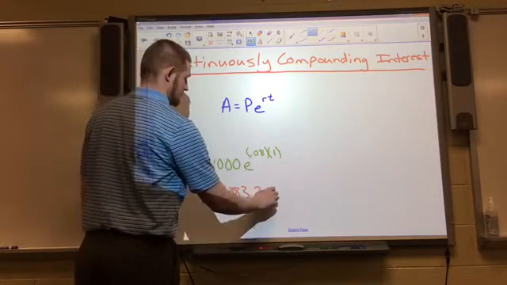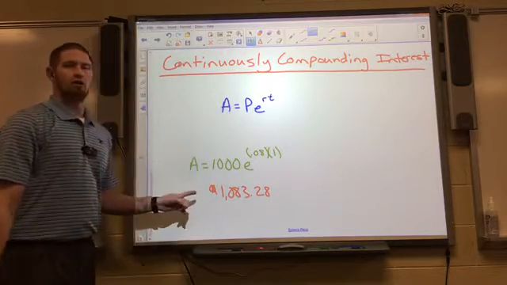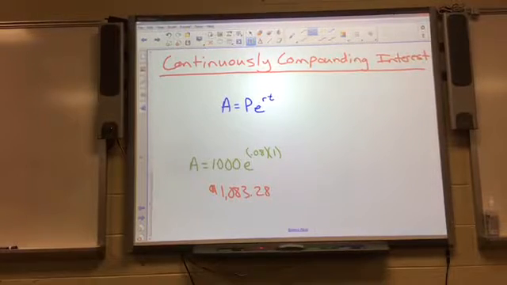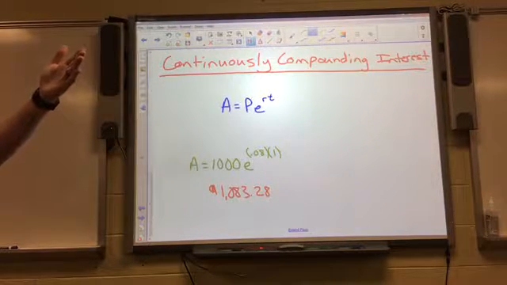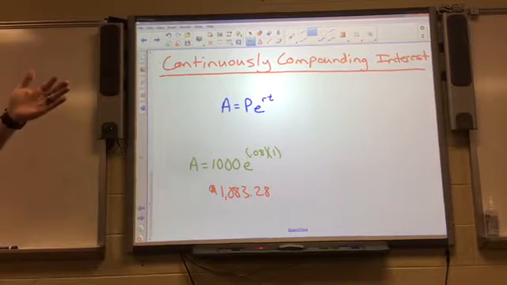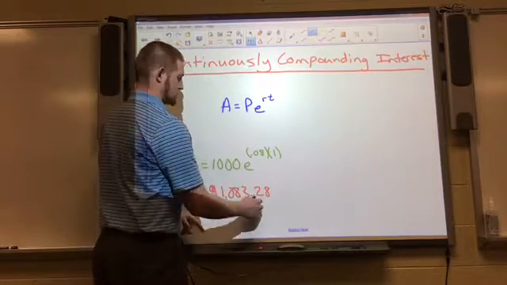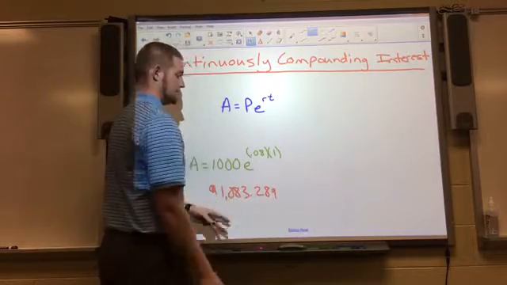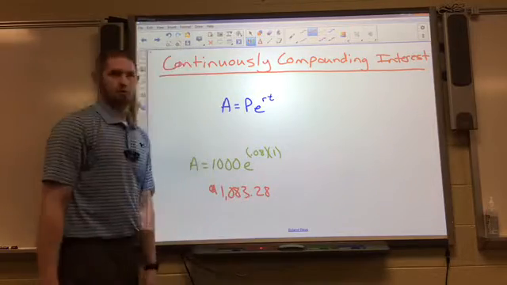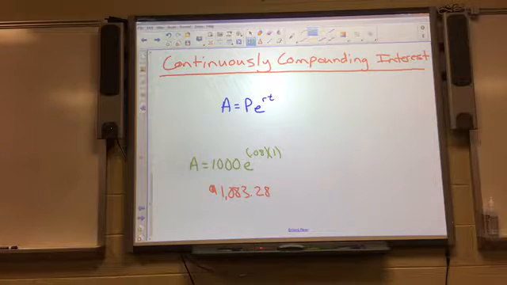And the reason they say 28 is because a bank will never round up for you. Ever. Okay, they'll save a penny here and there as much as they can. So, yes, your book's answer is 0.289, but on a bank account, they will never round up for you. And they always round down. Okay, they're saving pennies.